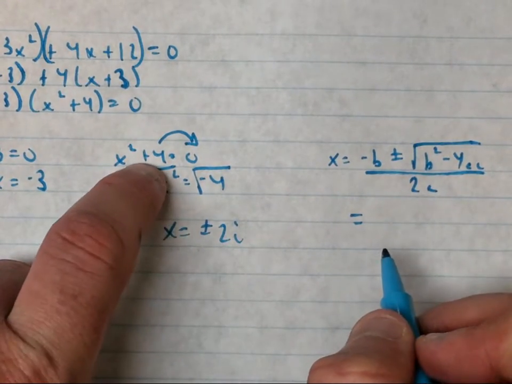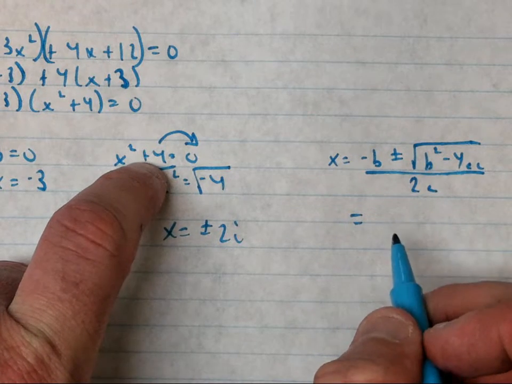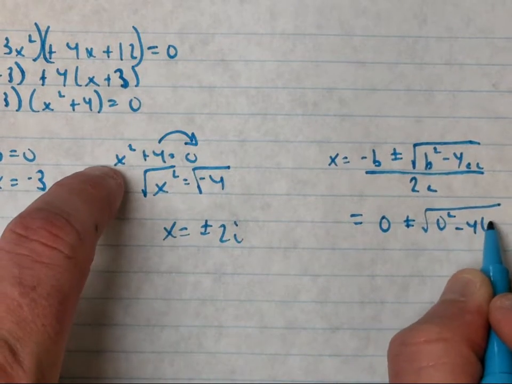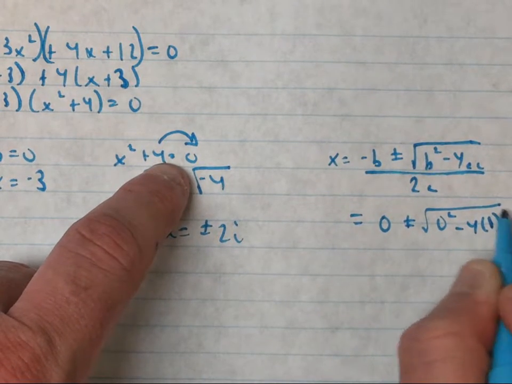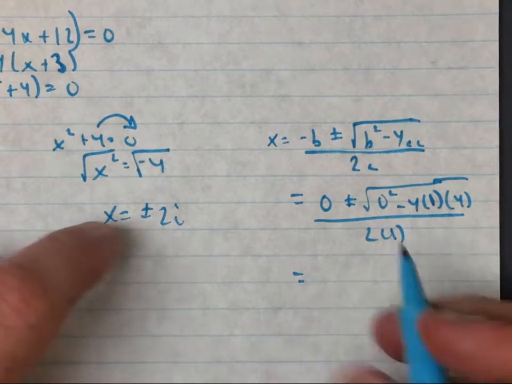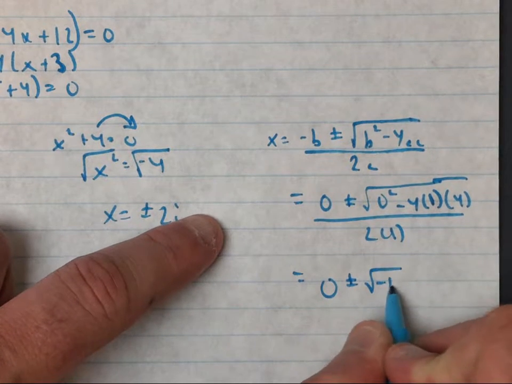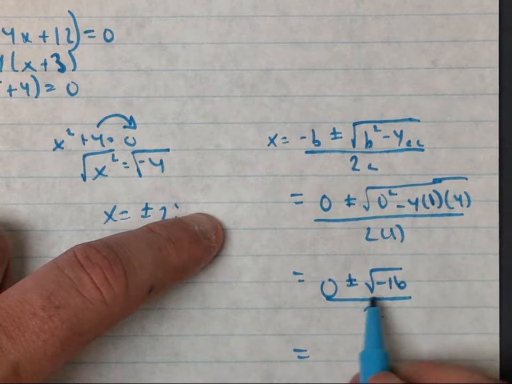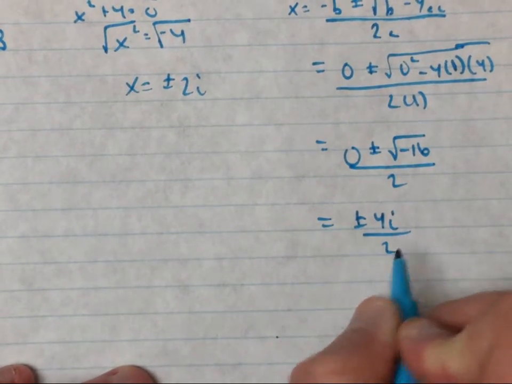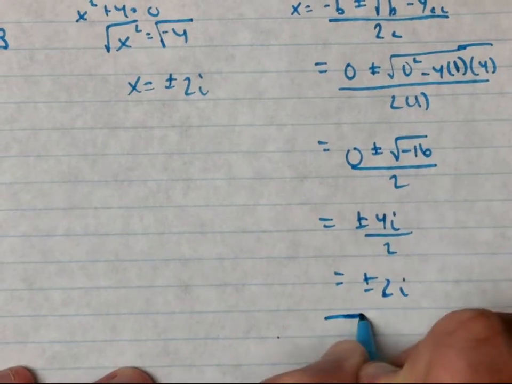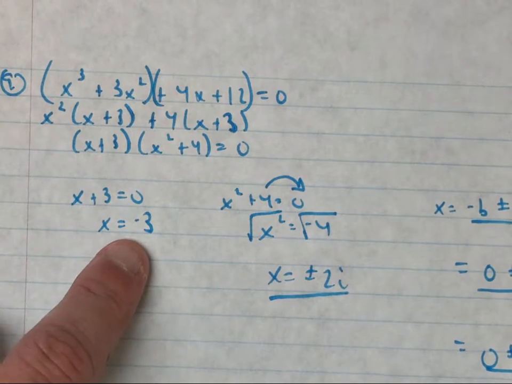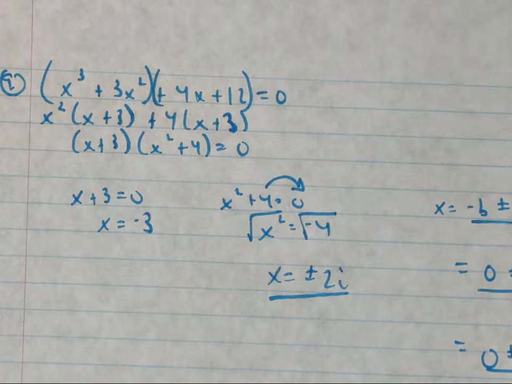Negative b, there's no b in this because the b is the coefficient in front of just the x, so that would be 0 plus or minus the square root of 0 squared minus 4 times your a times your c, all over 2 times 1. 0 plus or minus the square root of negative 16 over 2, that's going to be plus or minus 4i over 2, which is equal to 2i. See, I got the same thing either way. But your zeros are negative 3 and plus or minus 2i.